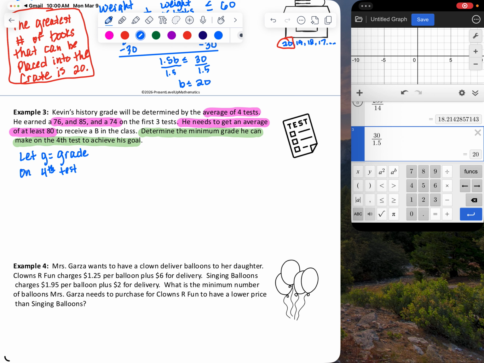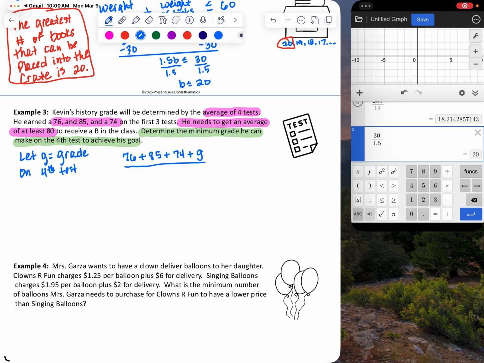In this case, we're going to have 4 things, and we divide it by that number. So in this case, you're going to take his test grades. We got 76 on the first test grade, 85 on the second test grade, 74 on the third test grade, and we do not know his 4th test grade. So I'm going to put G. Grade unknown. We do not know it.